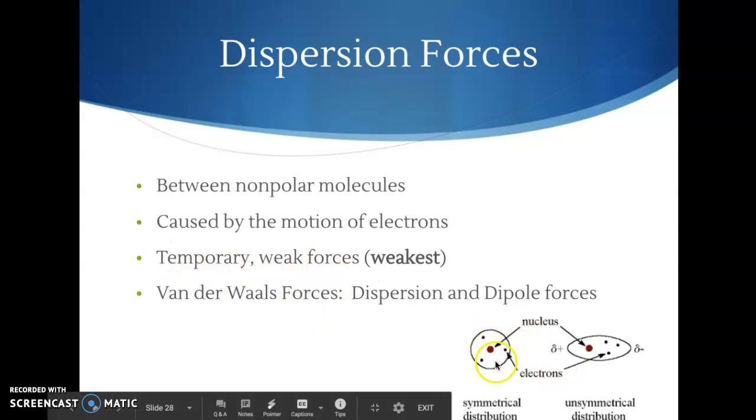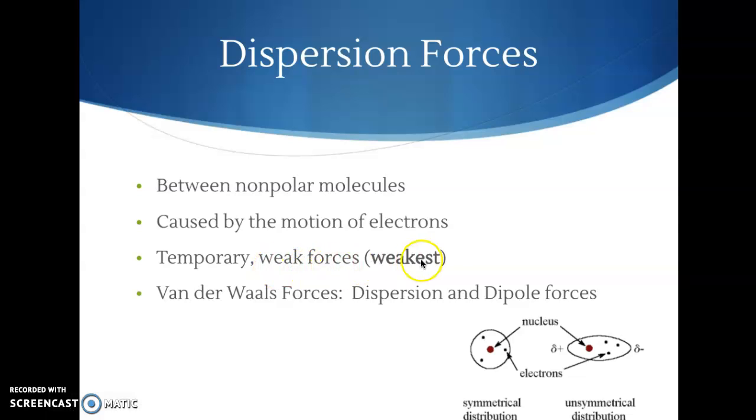So it looks like this. This is an even distribution of the electrons, but every once in a while the electrons will shift to one side, and this is an unsymmetrical distribution. This is what a temporary dipole looks like. Since it's only a temporary dipole, it ends up being a very weak force. This is the weakest of the 3 intermolecular forces.